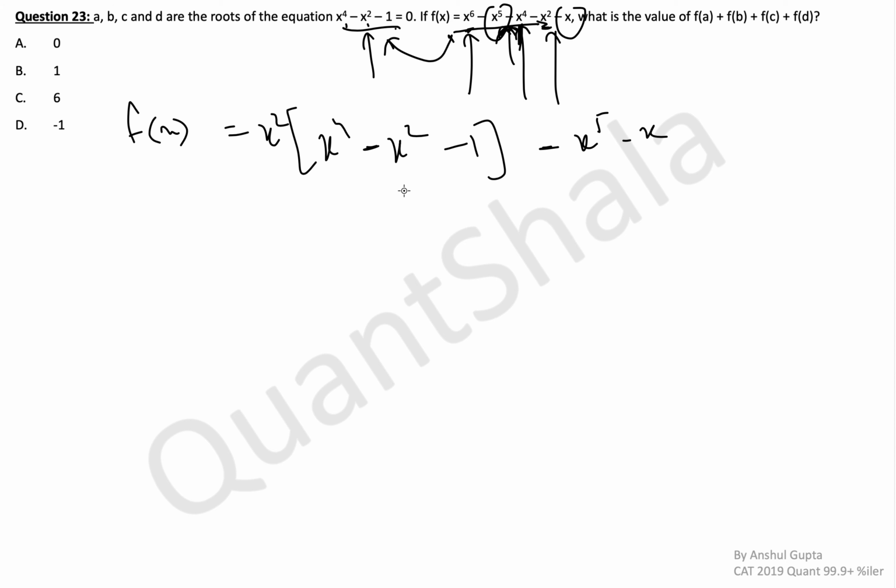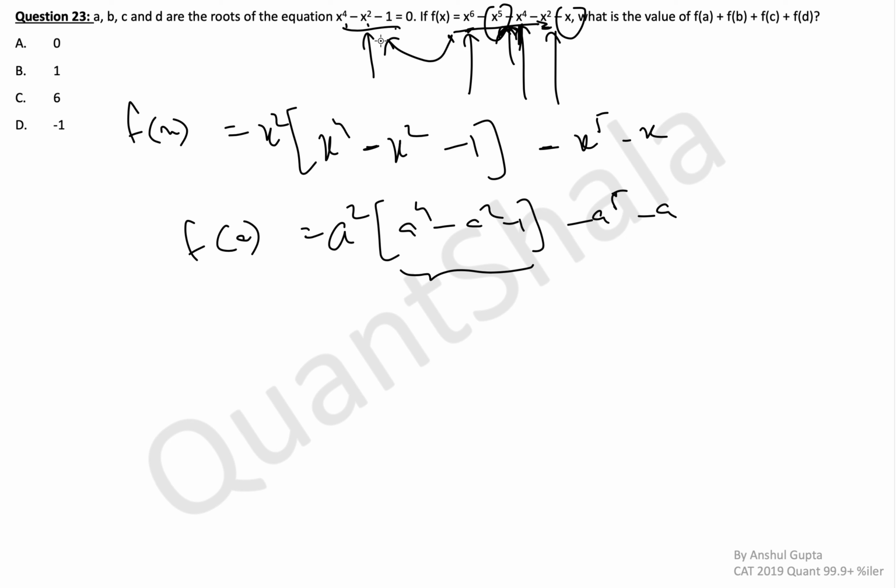Okay. So now if you're computing f(a), for example, f(a) will become a^2 into (a^4 minus a^2 minus 1) minus a^5 minus a. Okay. Now this thing is going to be 0 for all a, b, c, d, because a, b, c, d are the roots of this equation.